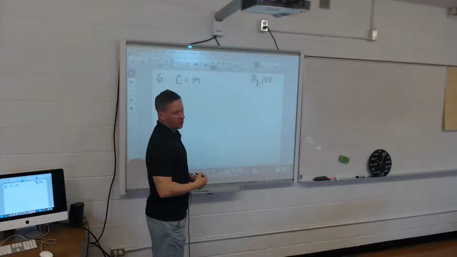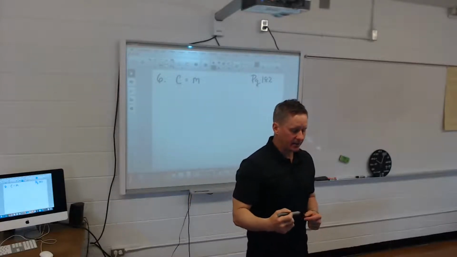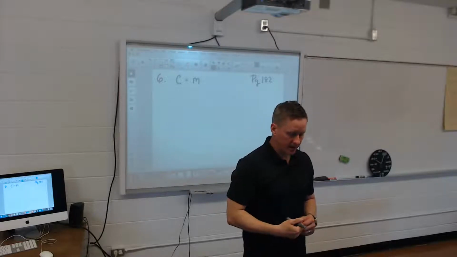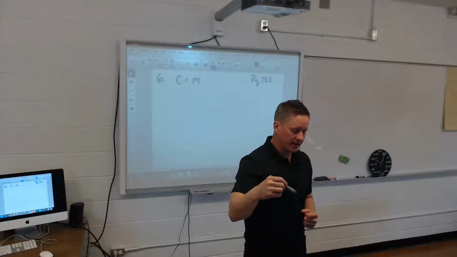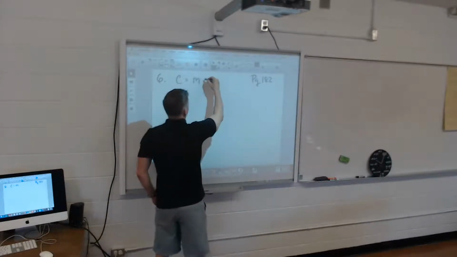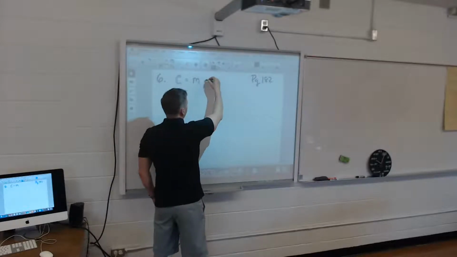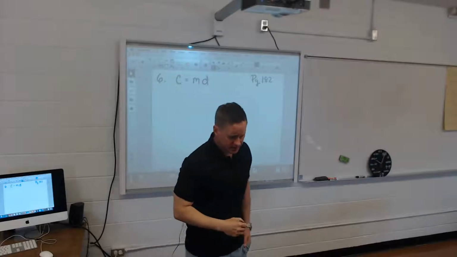Well, what is my slope? My slope is the rate per kilometer. That's what my slope is. So I'm trying to find out how much money it is for every kilometer that I go. All right, so I have M, and then they have distance here on the bottom.